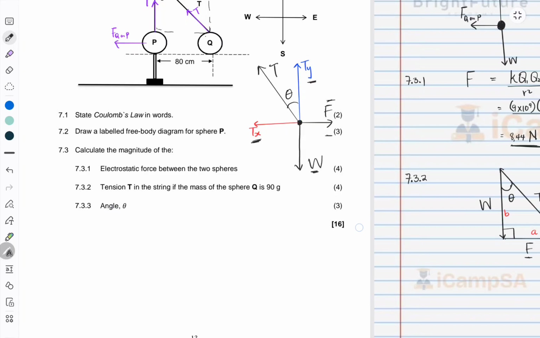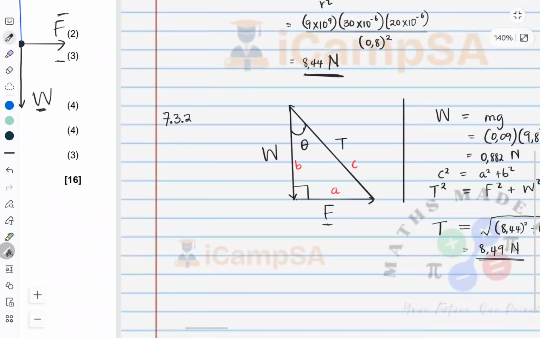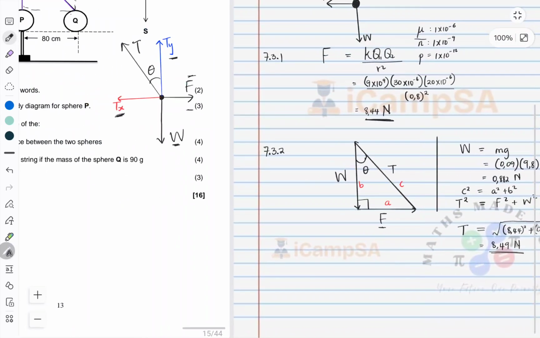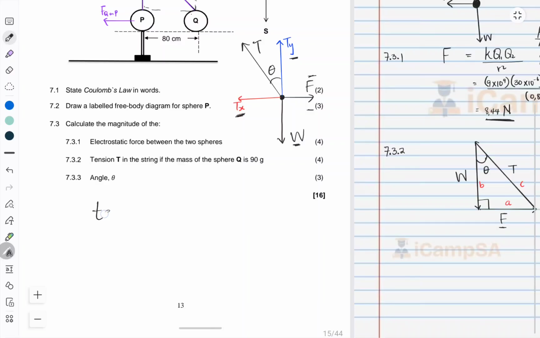Actually, I don't even need to do that. I can come to my triangle here and say tan theta is equal to opposite, which is F, over adjacent. And then my theta would simply be tan inverse of F over W.